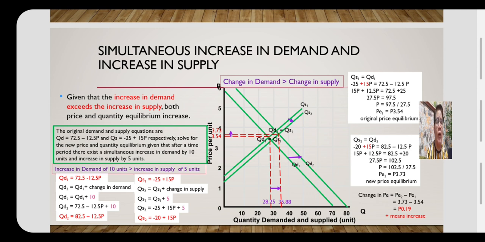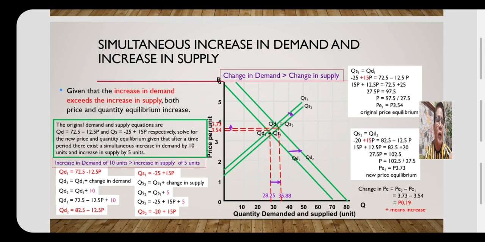And the change in price equilibrium can only be solved by getting the difference between the new and the original price equilibrium values. So specifically, the change in price equilibrium is equal to the new price equilibrium minus the original price equilibrium.